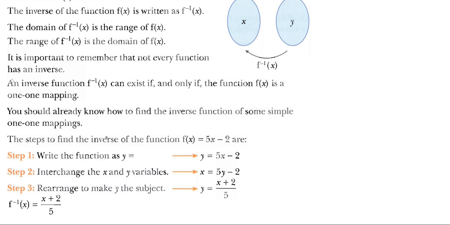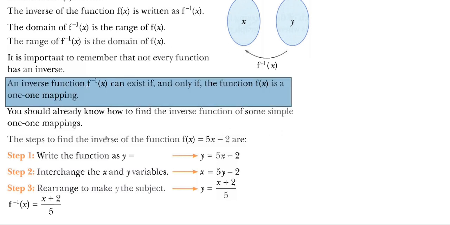Read this line. An inverse function f inverse x can exist if and only if the function f(x) is a 1-1 mapping. So if a function is a 1-1 mapping, then its inverse exists, otherwise not.